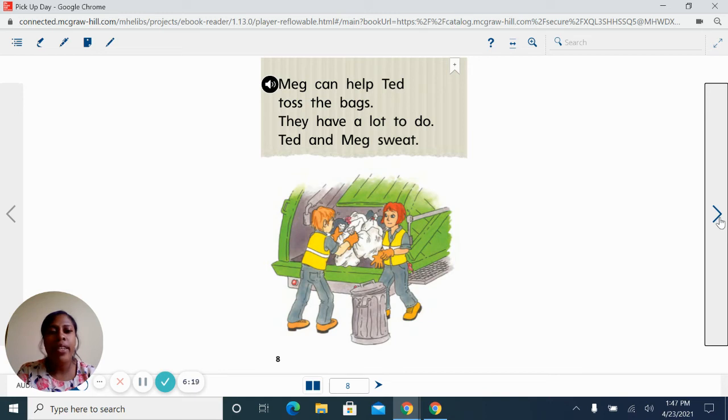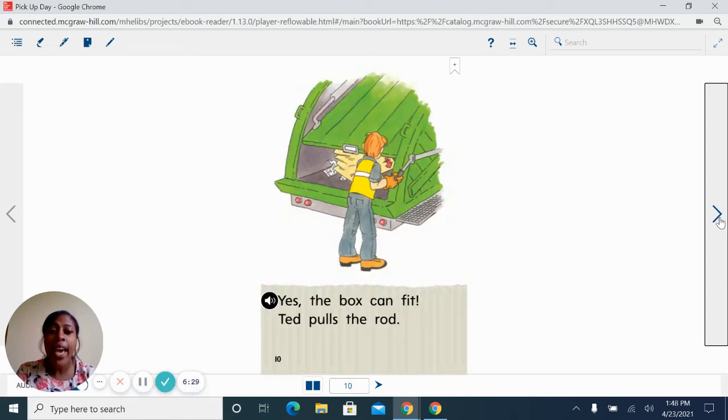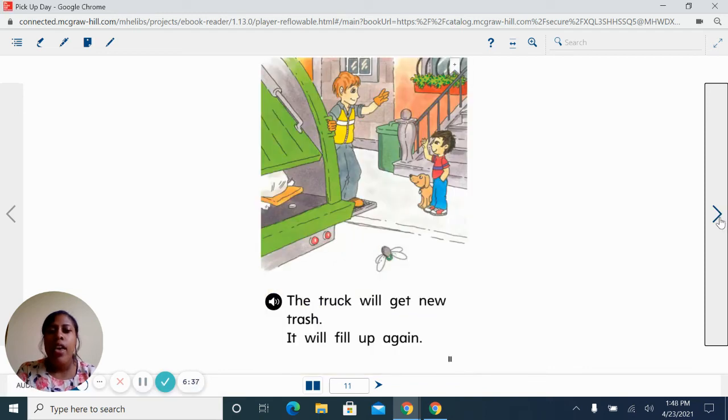Ted and Meg sweat. This box is big. Can it fit? Yes, the box can fit. Ted pulls the rod. The truck will get new trash. It will fill up again.